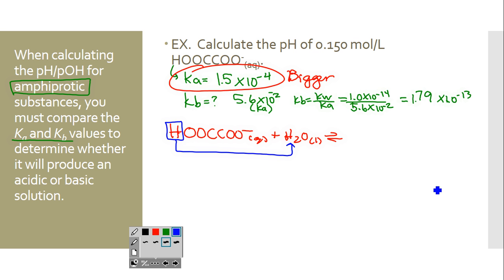So because Ka was bigger, I decided it was going to make an acidic solution. That means in my reaction, I will have OOCCOO 2 negative plus H3O positive.